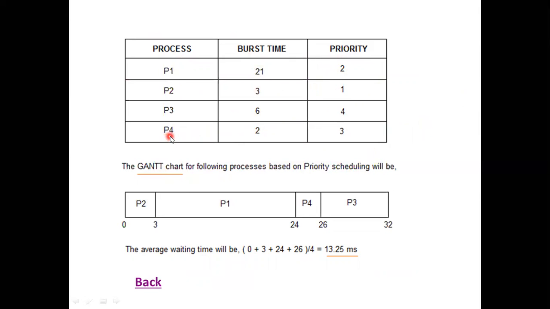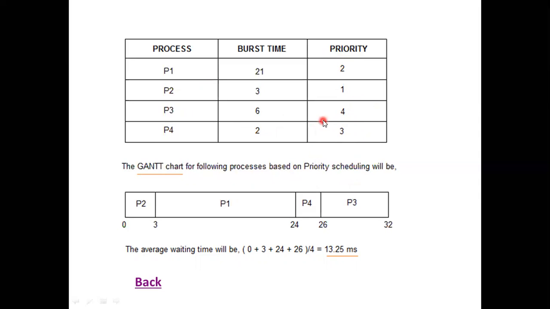The third priority we give to P4, and the last priority is given to P3. So these priorities are given according to their importance, meaning the important ones must be executed first.